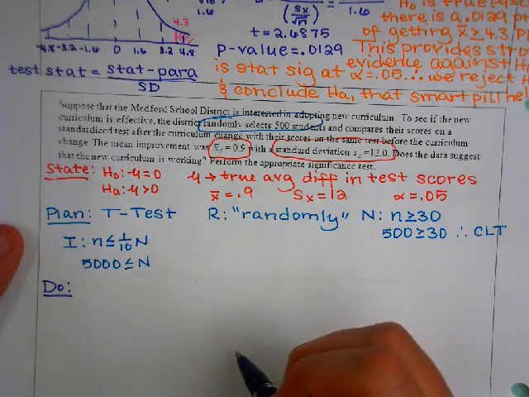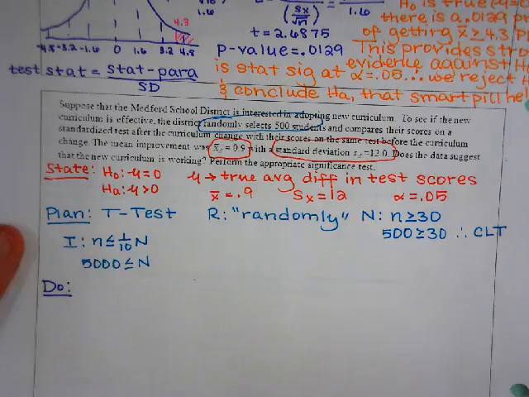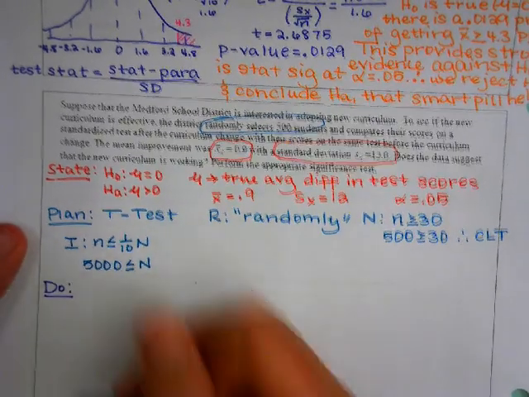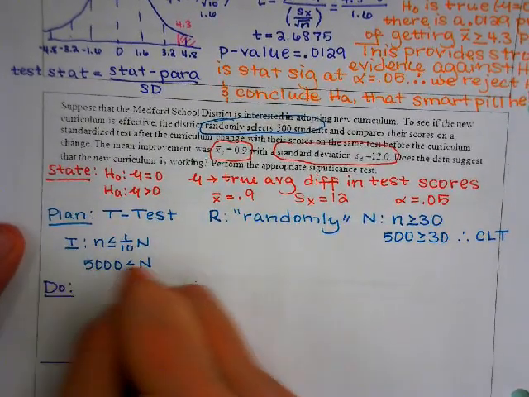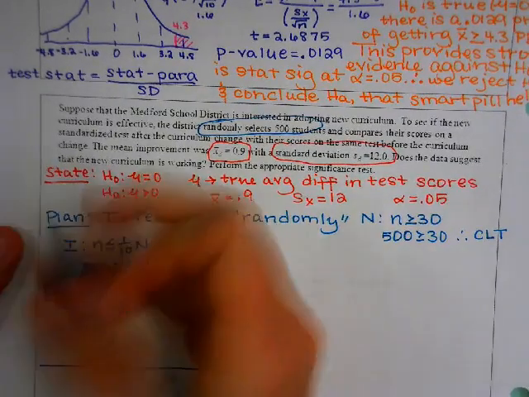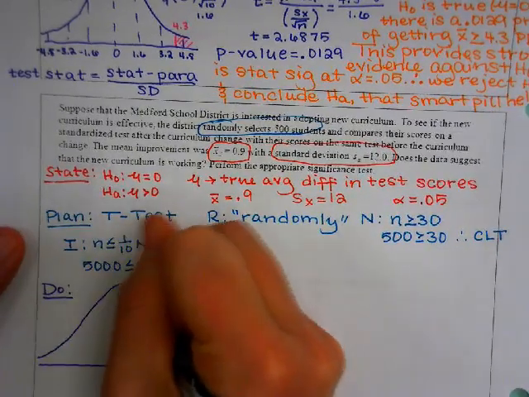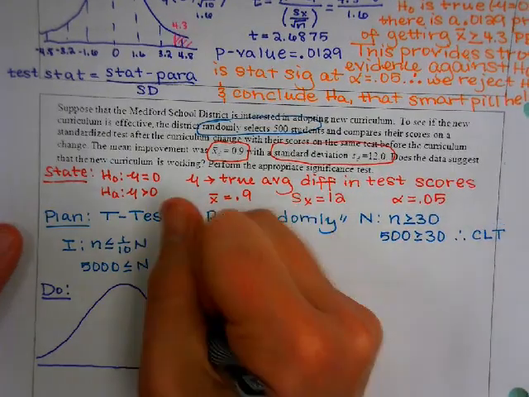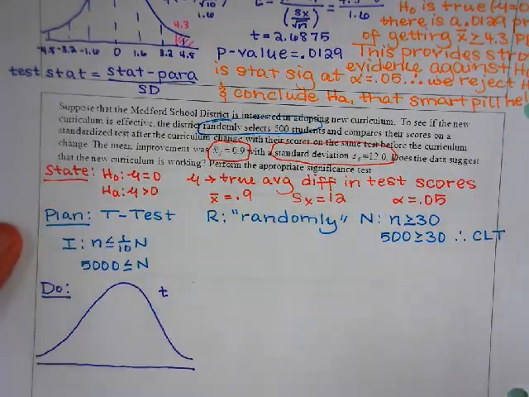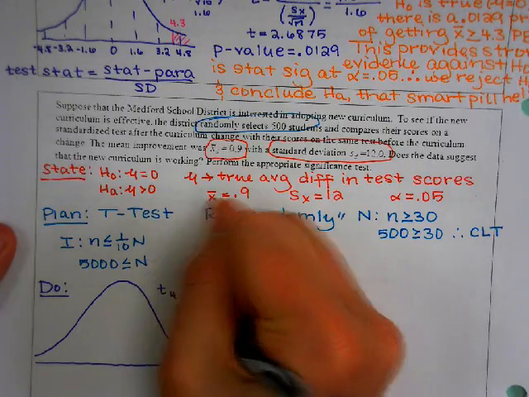I'm speechless. All right, so what is our degrees of freedom on this curve? 499. What's at the center? Standard deviation? 12 over the square root of 500.